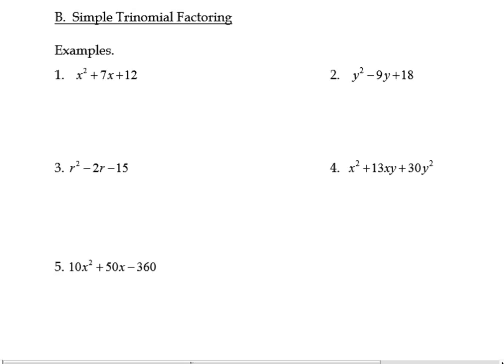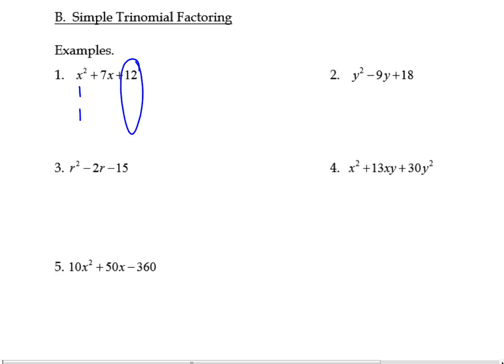So when we're factoring this trinomial, what we want to do is figure out two numbers that multiply to the coefficient of the x squared. So the coefficient is a 1. Only way to multiply to 1 is what? Only two numbers that multiply to 1. 1 times 1. Okay. Same idea. We want to figure out two numbers that multiply to 12.